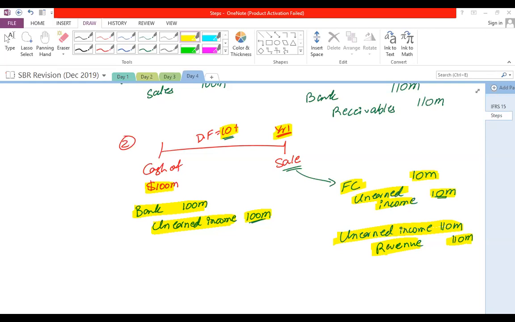So it's better not to use the word advance, because that is not exactly making it clear. But deferred income makes it quite clear that we have received the cash, but we haven't recorded the income yet. So the word deferred income is comparatively better for the liabilities.